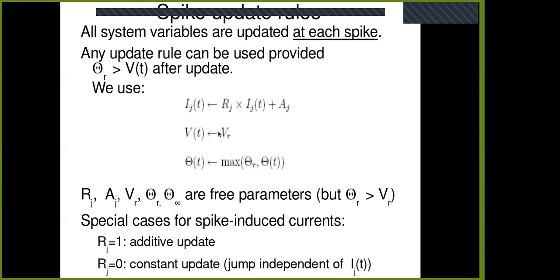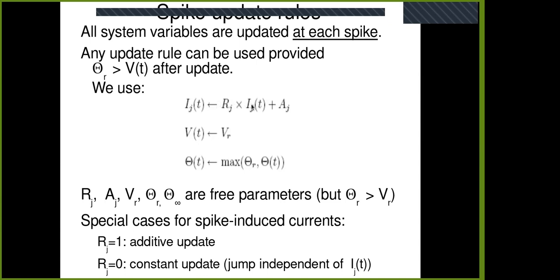The threshold you also set to some fixed value, except if it is already above it. So you set the threshold to the maximum of itself and the reset value, which is a free parameter. And what happens to our currents?